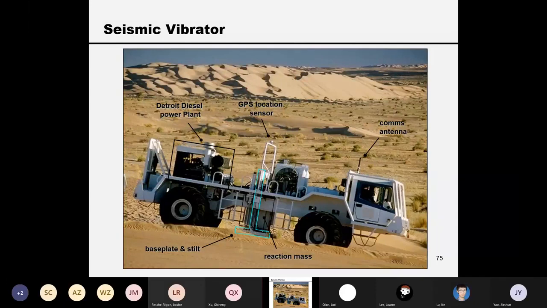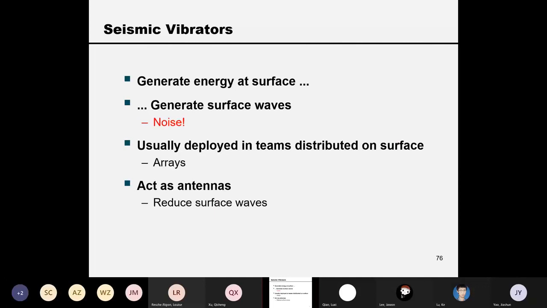We send up a sweep, which is a harmonic signal with variable frequencies, you record the so-called record data, and then you correlate with the source signature. So let's move on.